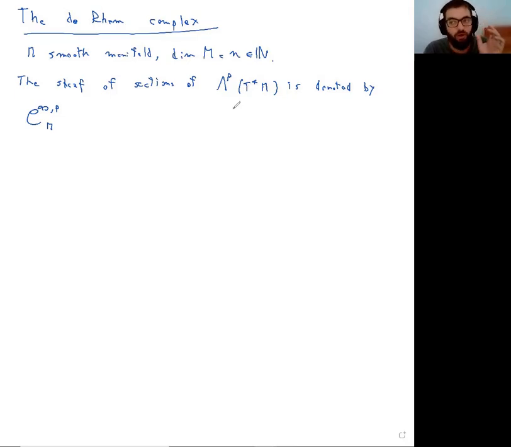So when you take it on an open set, because remember this is a sheaf, so we have to take it on an open set, then this is p-forms on that open set.